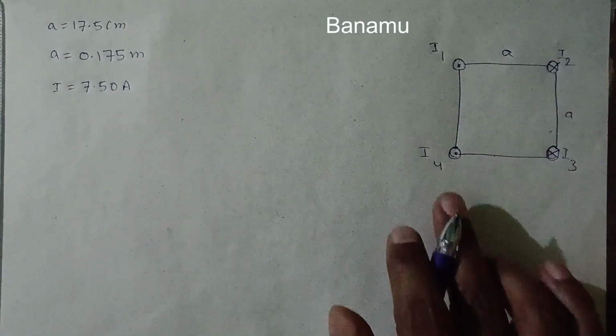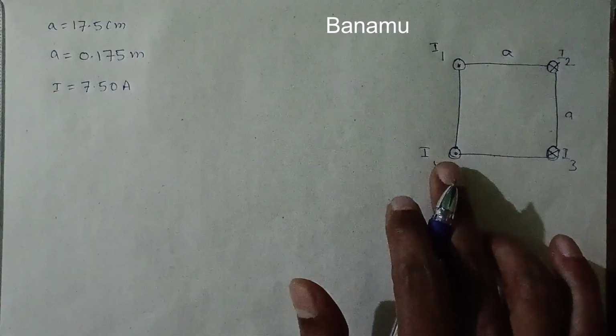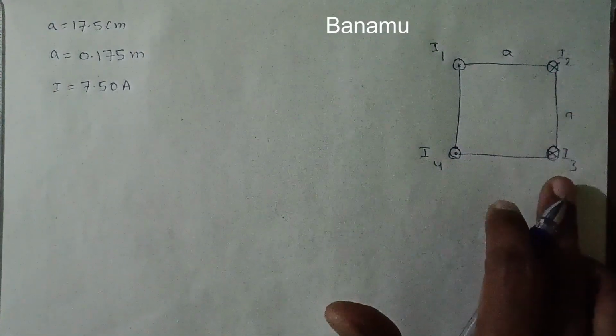Let us consider the magnetic force on wire 4 due to wires 1, 2 and 3.